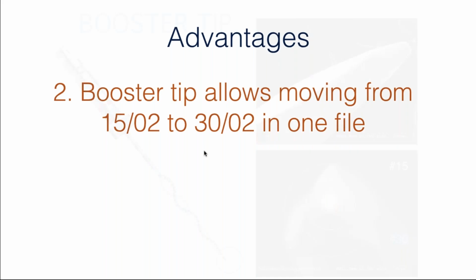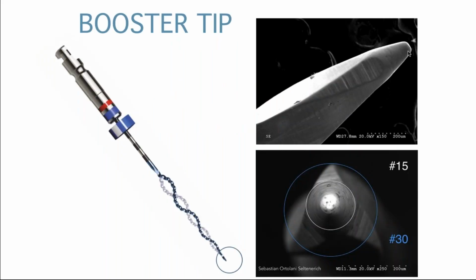So let me explain this a little bit better. The tip at the end is very, very sharp and non-cutting. So this is your glide path part of the tip. So if you've got a 1502 or 1004, this instrument or this tip will follow that wherever you have your glide path.